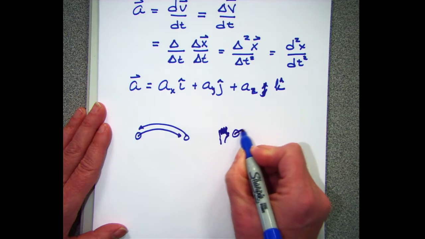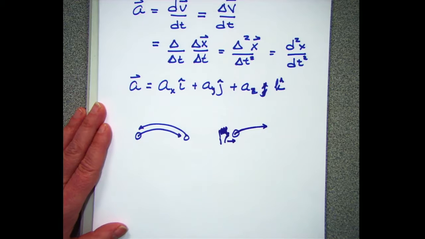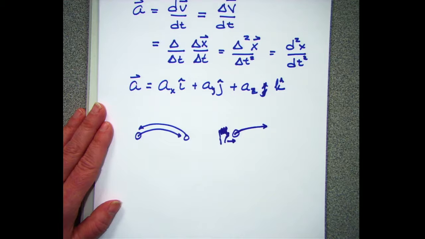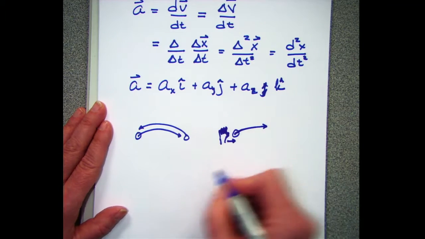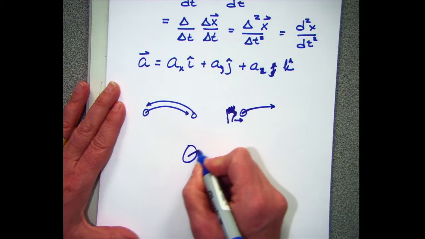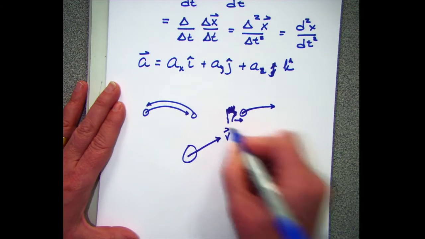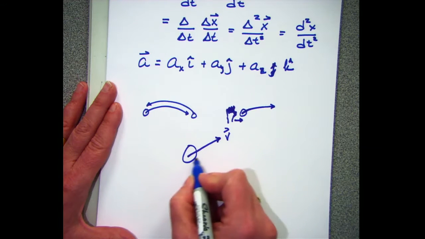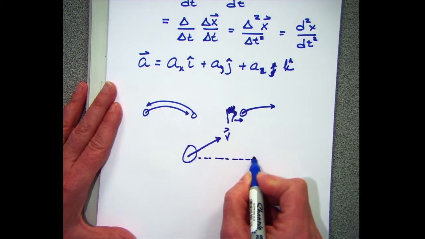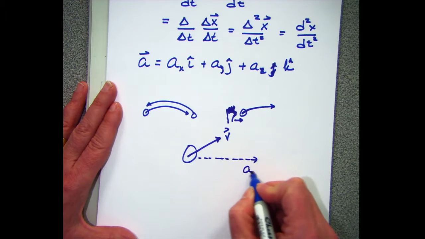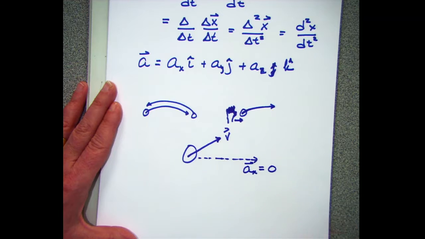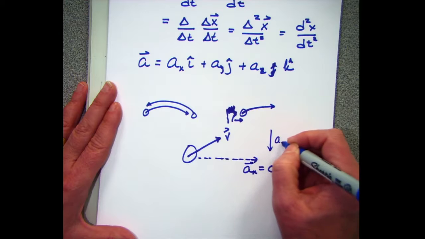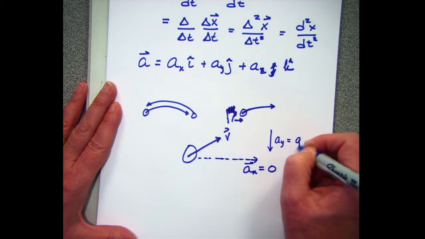Once it leaves my hand, it's been given a velocity, so let's say this is the velocity vector that the ball has been given. If I look at what's happening in the x direction, there's no acceleration. The acceleration in the x direction is 0. But I do have an acceleration in the y direction, and that's gravity.